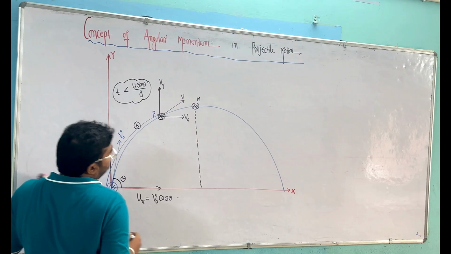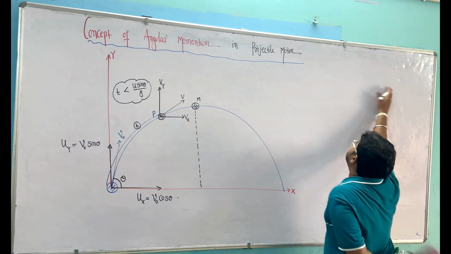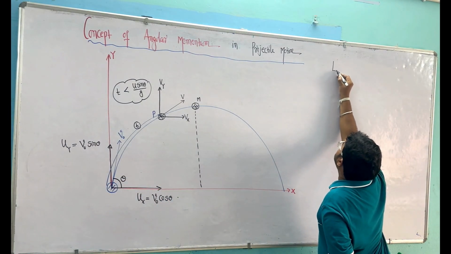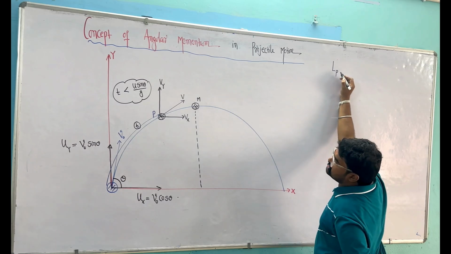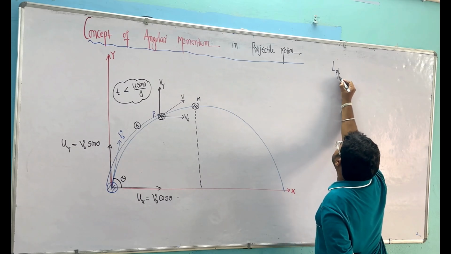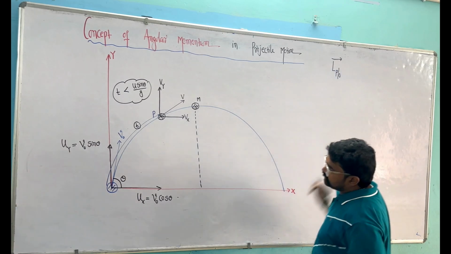Now tell me, what is the angular momentum of the particle? Angular momentum of the particle at position P about the point of projection.